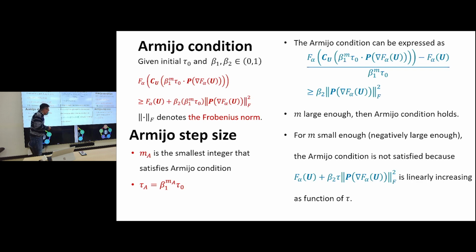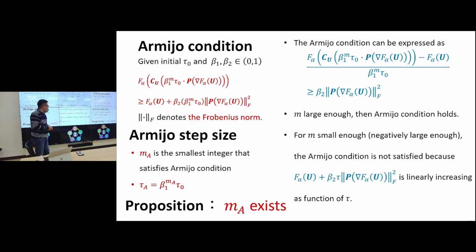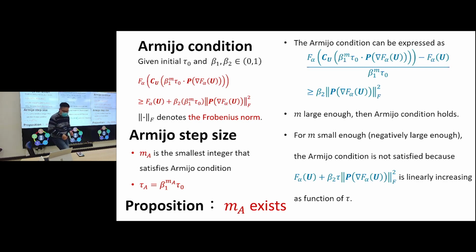So this term is less than f alpha of u star, because u star maximizes f alpha. So as we can see, for tau large enough, the Armijo-Hall condition will not be satisfied. That means for m negatively large enough, the Armijo-Hall condition is not satisfied. So we have a proposition here: m_A exists. That is, we can also find the smallest integer that satisfies the Armijo-Hall condition.